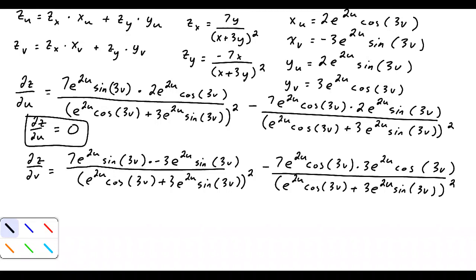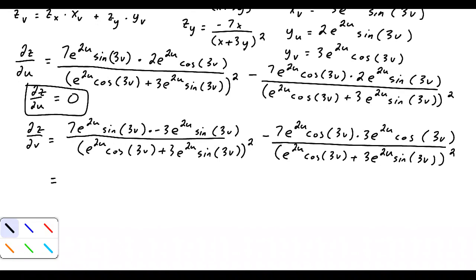Now, as we notice what values we have in our two numerators, again, same denominator, everything has an e to the 2u times e to the 2u. You have a 7 times a negative 3 and a negative 7 times 3. All right, so we can factor out common values. Oh, and we have sine 3v times sine of 3v in the first term. In the second term, we have cosine of 3v times cosine of 3v. All right, I'm going to factor this into one term.